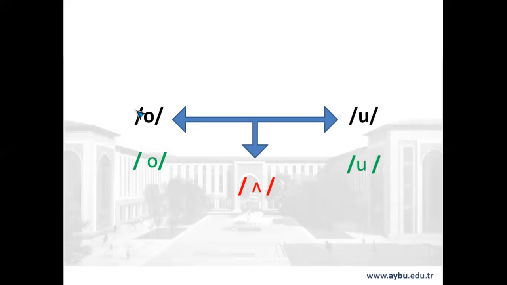O, as can be seen on the left side of the screen, and U, as can be seen on the right side of your screen. Now, O and U are the names of the letters. However, these two letters have a common sound, which is A. So sometimes in some vocabulary, O and U produce the A sound.